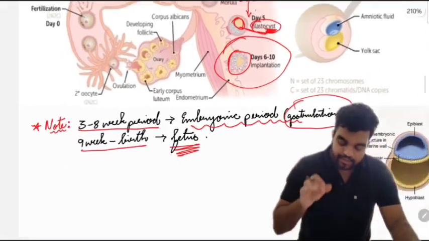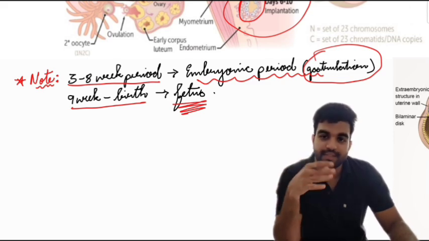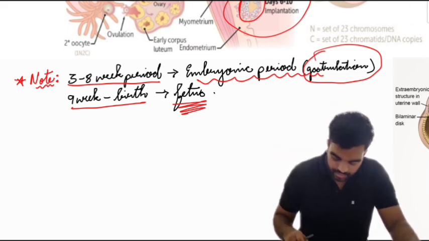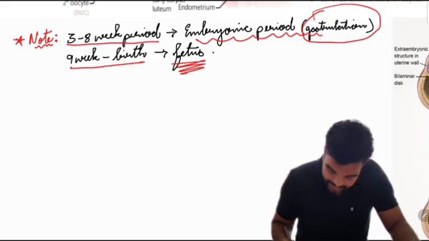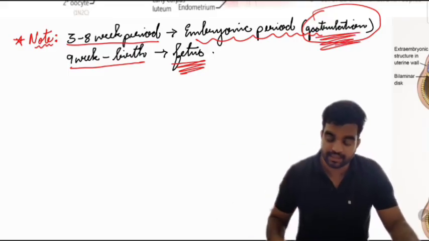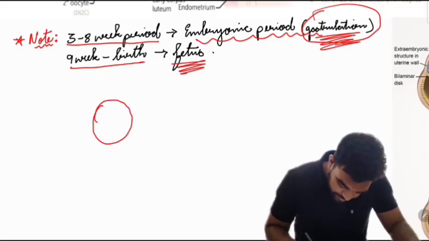So once the zygote has been implanted, there will be a rapid progression of formation of the embryo. Okay. So during this period, there happens something known as gastrulation. What is this gastrulation? Every cell is formed from something known as germ cells.